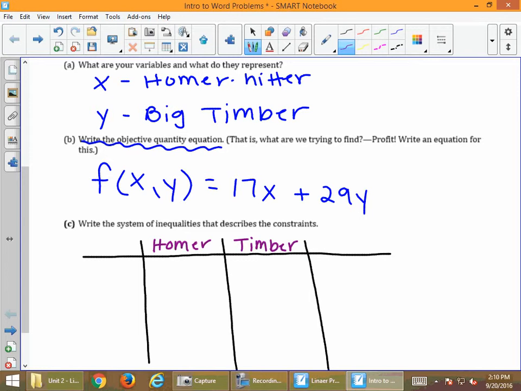Every time. Okay? This last one is always total. And this first one's always constraints. Every time. That's how you fill it. Constraints, your variables, total. Every time.